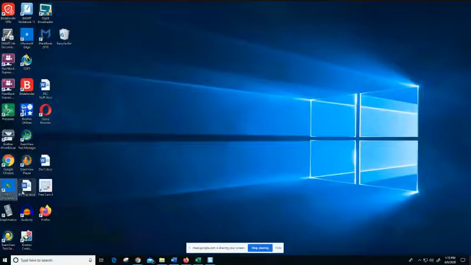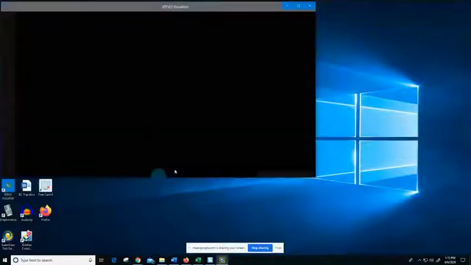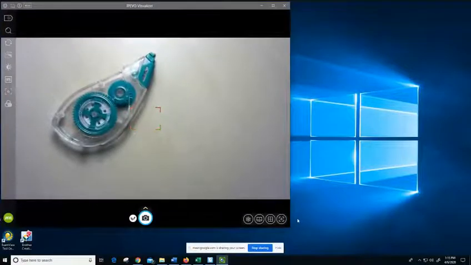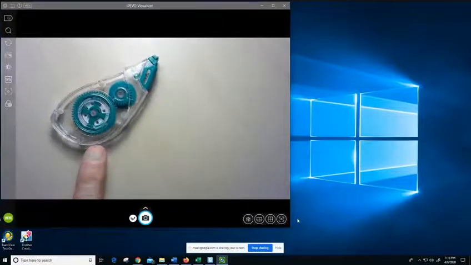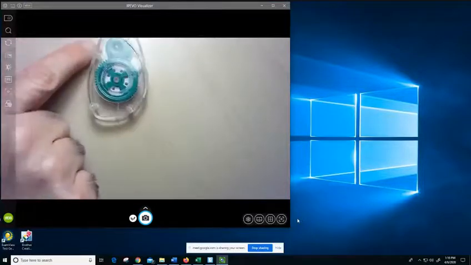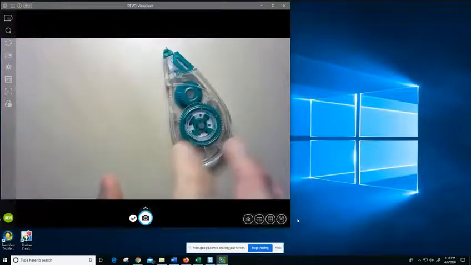Okay, this should work in a second, hopefully. Give me just a second. There you go. If I have this object, it makes a difference whether I apply a force in that direction or whether I apply the force in this direction. It causes a different motion.